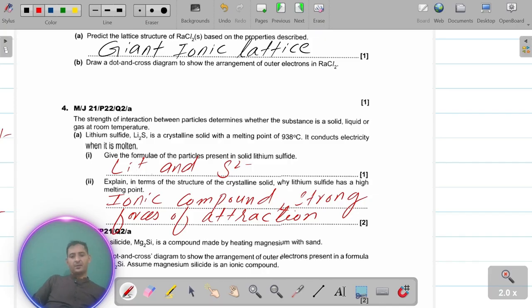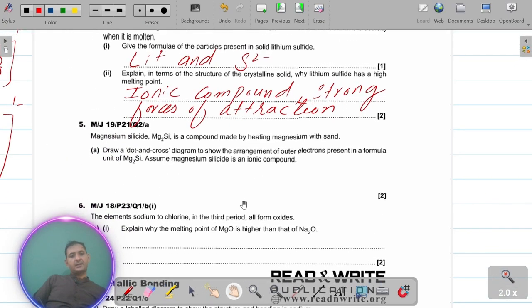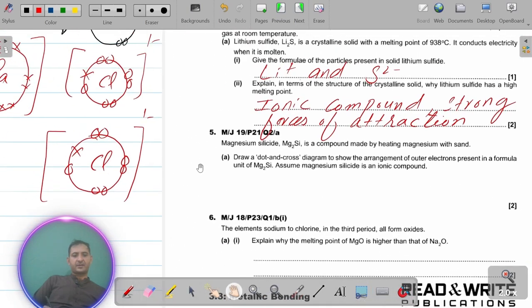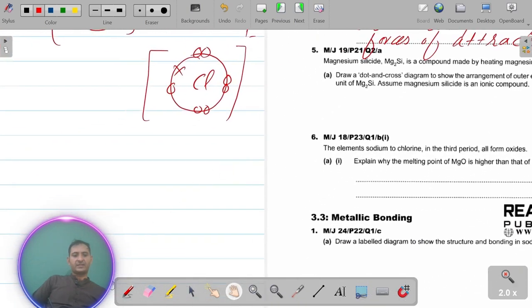Next is magnesium silicide. Magnesium is a metal, silicon is a metalloid. A compound made by heating magnesium with sand. Draw a dot and cross diagram to show this, with the outer electrons. So now we have Mg2Si.